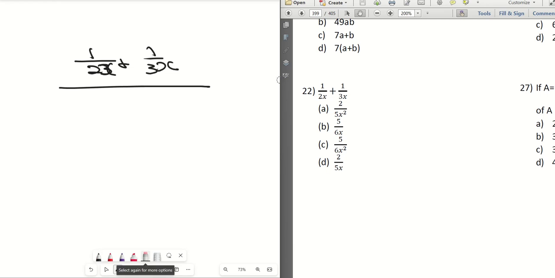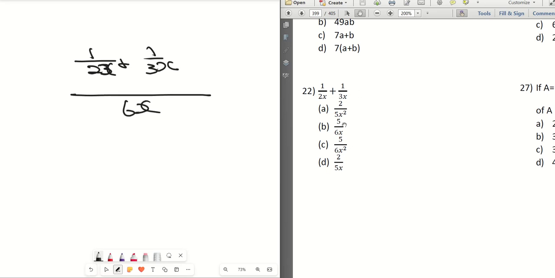The LCM, one number that could go into 2 and 3 at the same time, that's 6, and x goes into x, so it's 6x. We're looking for one that has the denominator to be 6x. The answer is B. That's the only one with 6x. It's not 6x squared, it's 6x, right? So the answer is B for 22.